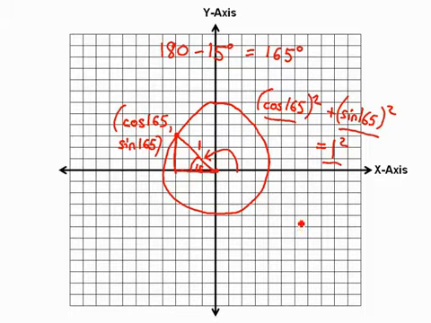But the important thing, the reason it's important to remember, is that this works for any angle. So if I said sine of, I don't know, give me an angle. 5. 5. So sine of 5 squared plus cosine of 5 squared is going to give you 1. It's a very handy identity to know.